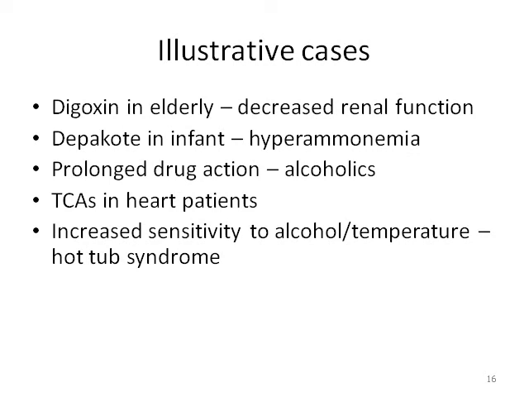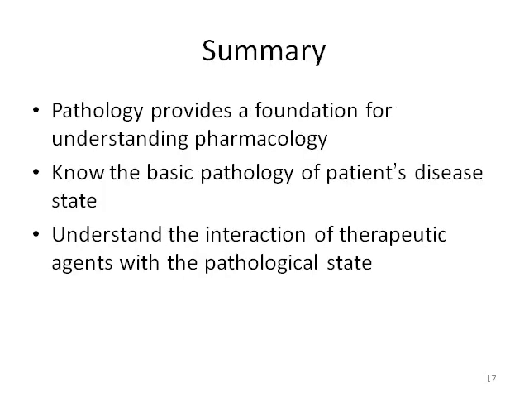So these are some examples of where we have to think about modifying therapy or being aware of things that can create problems. Slide 17 is sort of a summary that I want you to think about as you are studying for the PEP. Basically, we're going to need to know what is happening pathologically, because that is how we're generally going to attack the disease state pharmacologically.